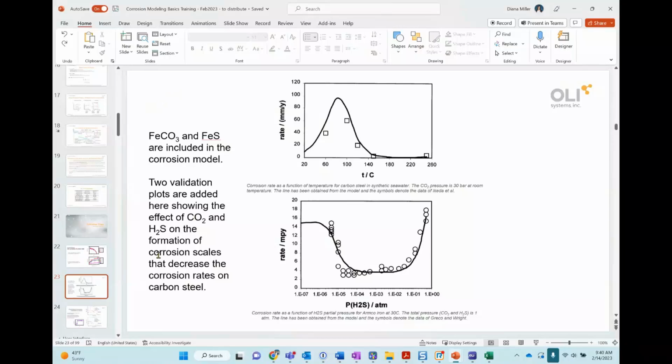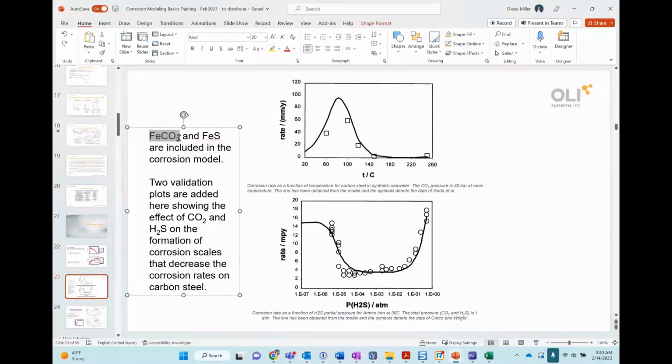180 and 200 Celsius. No, we don't include any other corrosion scale. We have validated only the iron carbonate and iron sulfide. I'm not aware of any other iron corrosion scale at higher temperatures that we have included in the model.